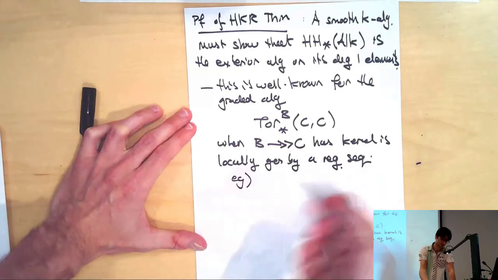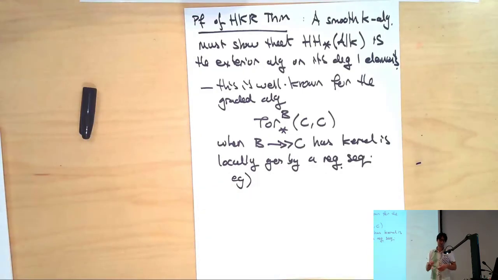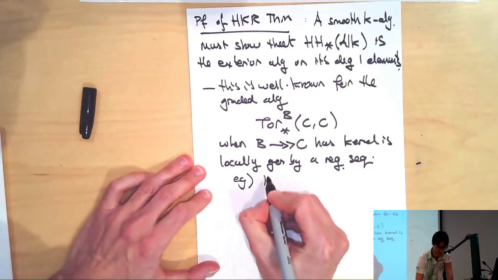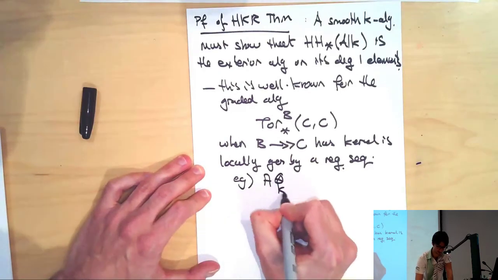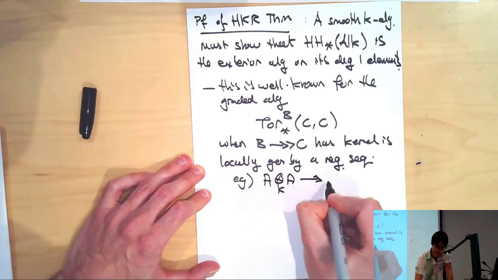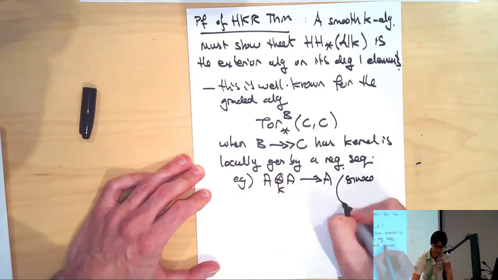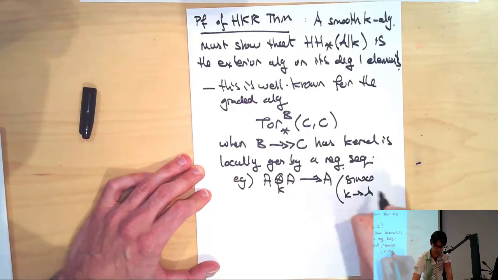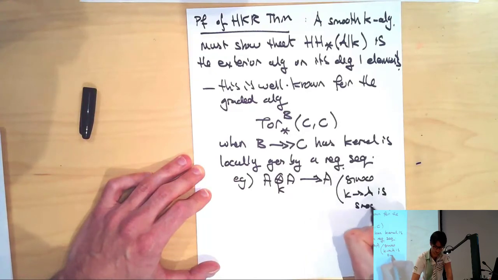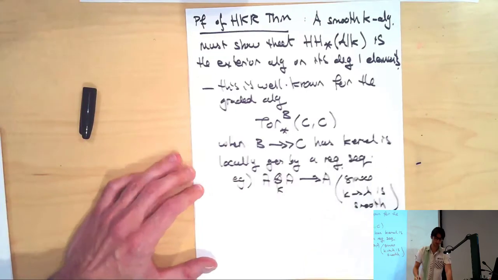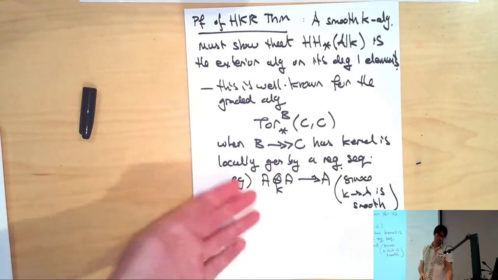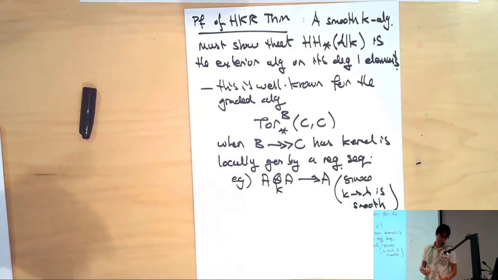And so what's such a case when a surjection of rings has a kernel which is locally generated by a regular sequence? Well, for example, A tensor K to A, this is the multiplication map, since K to A is smooth. Again, that's some classical piece of homological algebra. You might as well imagine, at least locally, A is basically going to look like a polynomial algebra.